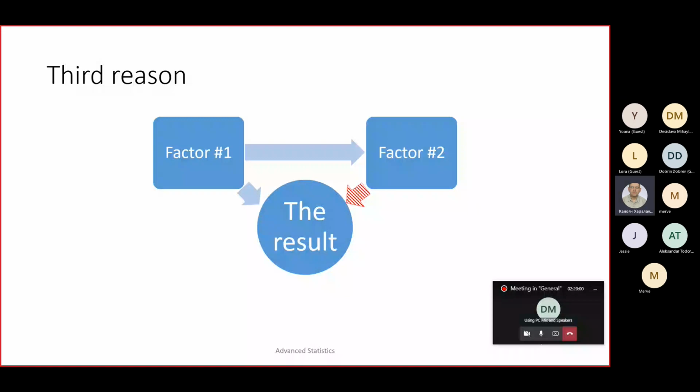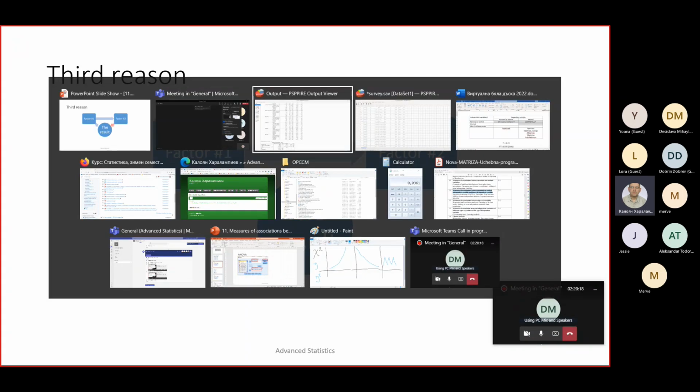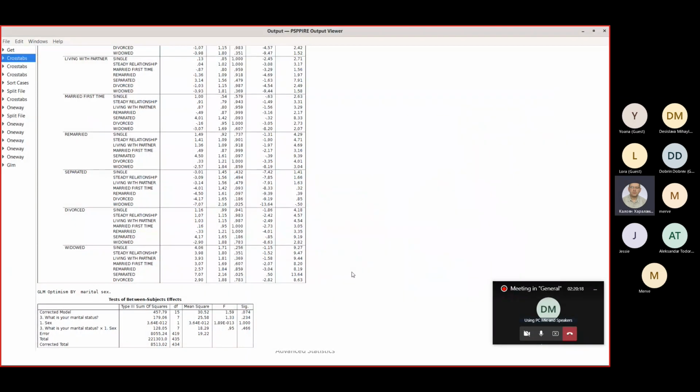So before separate analysis of the relation between each factor and the result, we need to test the hypothesis about the interaction between factors. And here, in this row, we get a significance level of 46.6%.